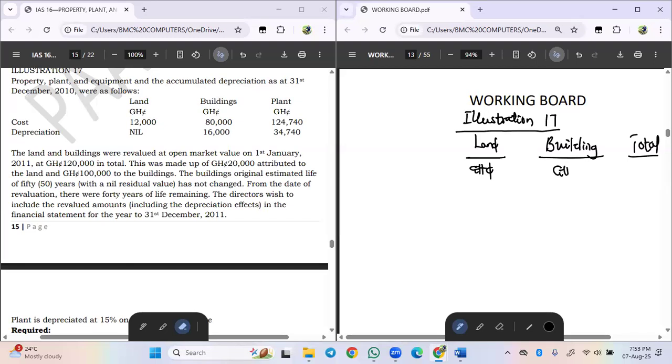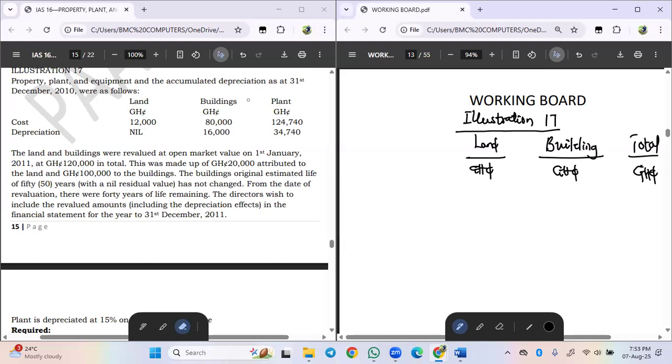So mostly they will give you land and building, and they will give you the figure for one. You have to determine the one for the other. Sometimes they will give you the figures for the two. Okay, so they've already provided us with the cost and accumulated depreciation as at 31st December 2010.